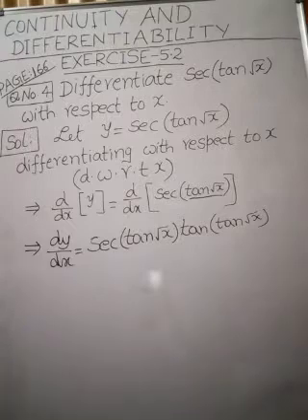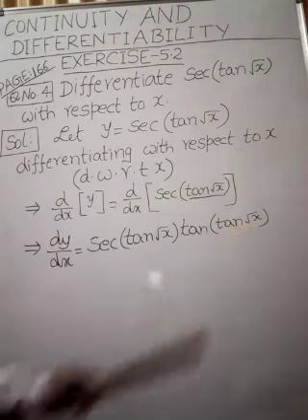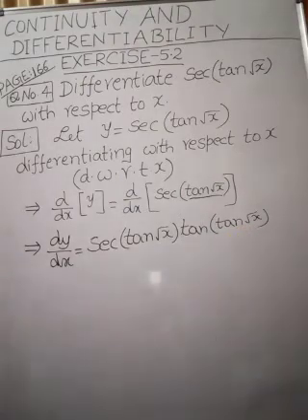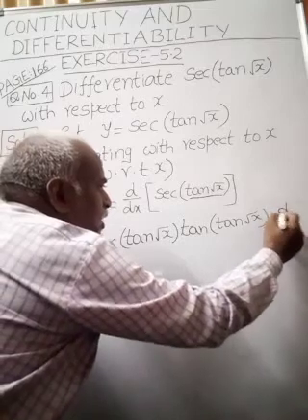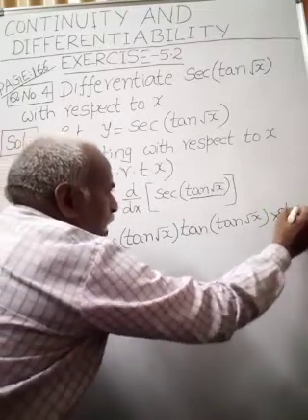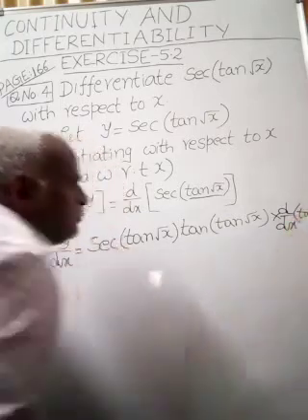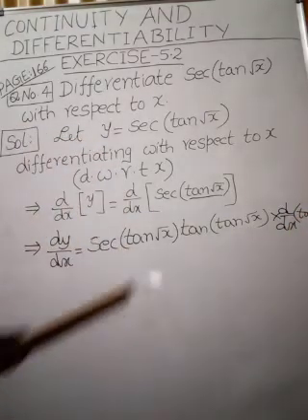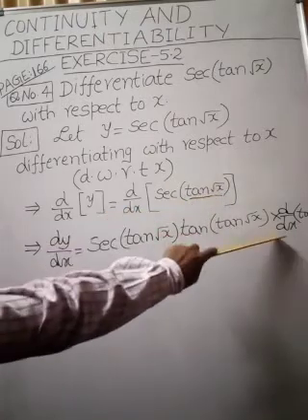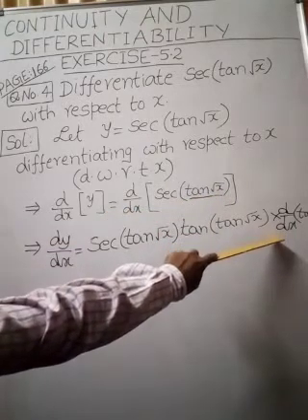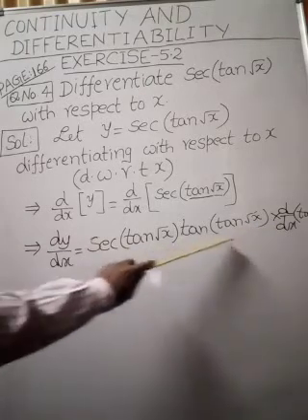I wrote the d by dx of secant x formula, secant x into tan x. Understood this part, my dear children? Into d by dx of tan root x, because we assumed this entire function as x in your mind, so we have to differentiate that function. Understood this one also, my dear children?